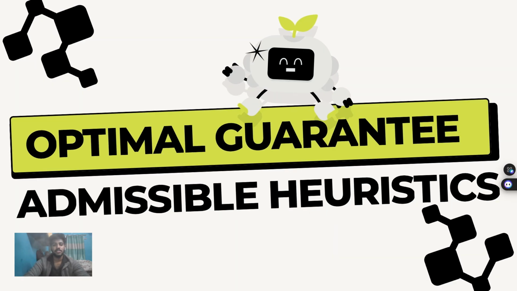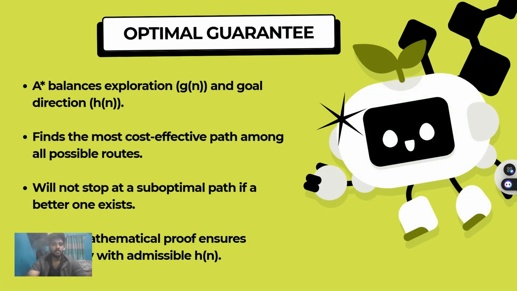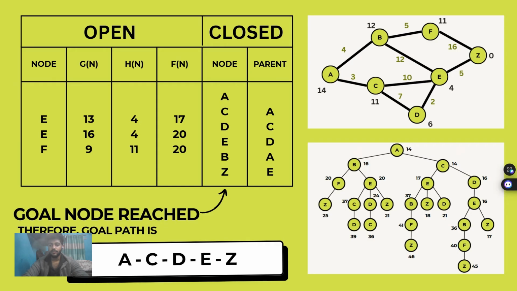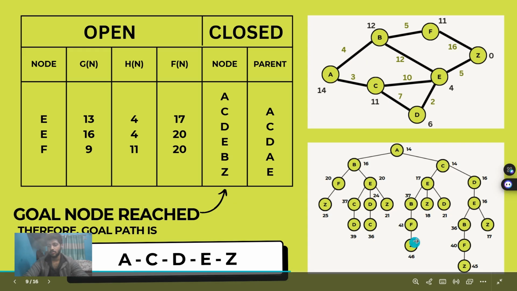So this A star algorithm guarantees optimality and it uses the admissible heuristic. So let's see what it is. Optimal guarantee: A star balances exploration g of n and goal direction h of n. It finds the most cost-effective path among the possible routes. As we have seen in our example, there are different Z values, which are 21, 25, 46, 40, 46, 45, 17, 18, and so on.